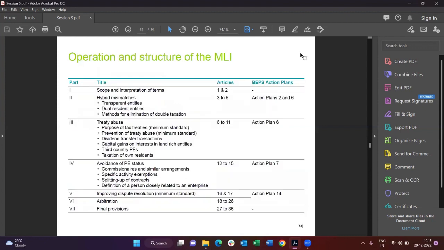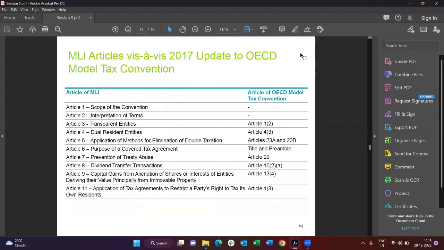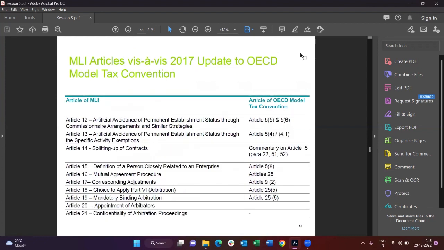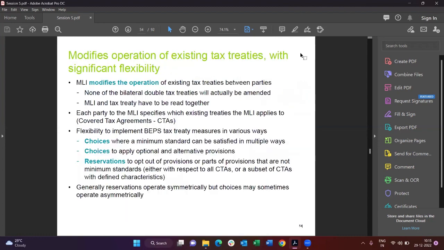This is the basic structure of the MLI, and these are the articles of MLI. So MLI modifies the operation of the existing tax treaties.